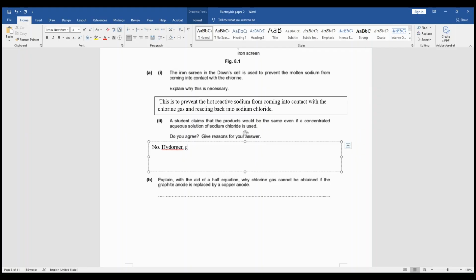Hydrogen gas will be produced instead of sodium metal at the cathode.